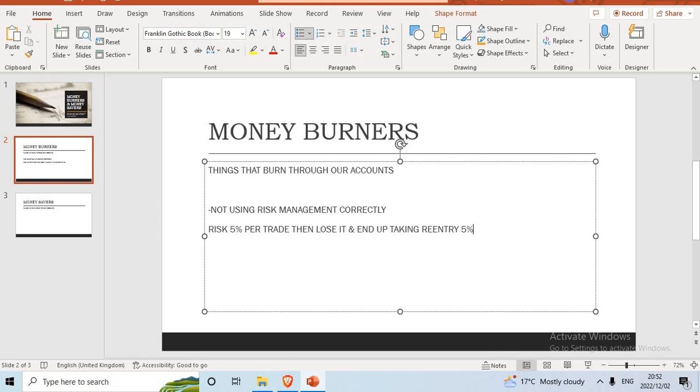So instead, what you want to do is calculate how many trades are actually going to go into a single trade idea before you even enter the market.